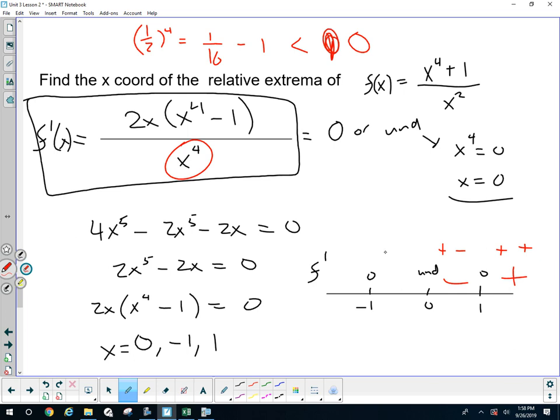If I plug in negative a half, now 2 times negative a half, that's a negative. Same thing, negative a half to the fourth power is not negative 1/16, it's positive 1/16, minus 1, it's still negative. The denominator is still positive, this is a positive, and then at negative 2, negative times a positive, I'll have a negative.